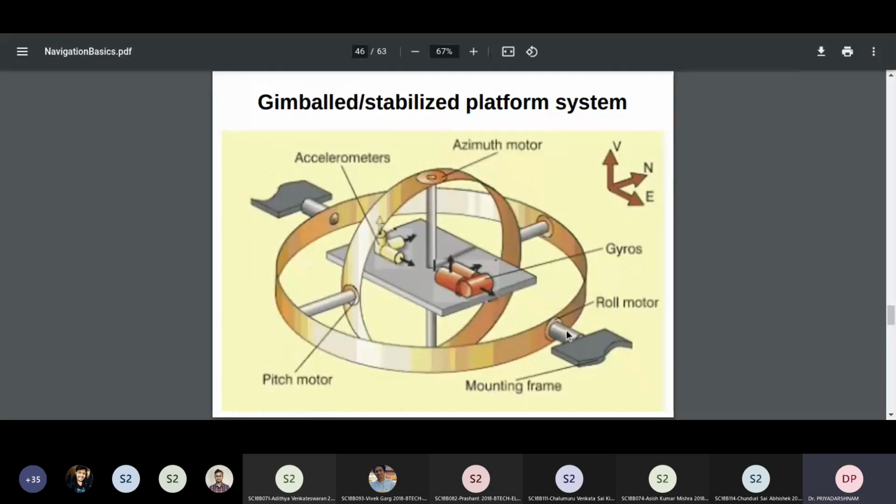The first, outermost ring is free to move along the axis shown here, that is along this mounting axis, which you can see as a straight line. With respect to the mounting axis, this outer gimbal is free to rotate. Then on this outer gimbal, you have one set of inner gimbal.